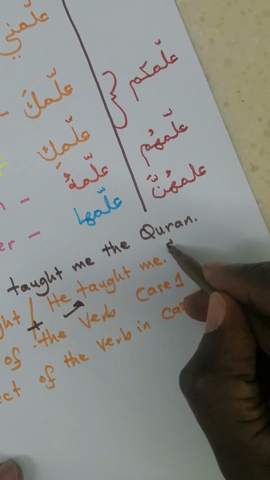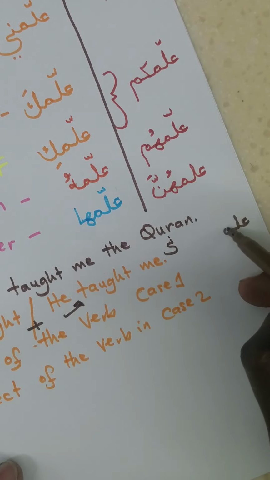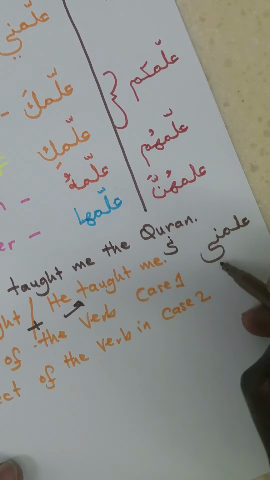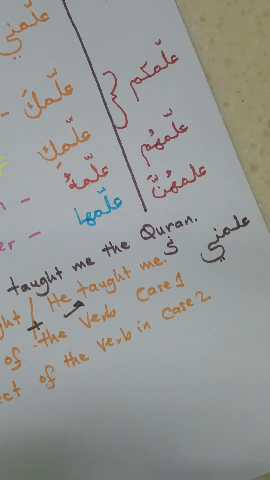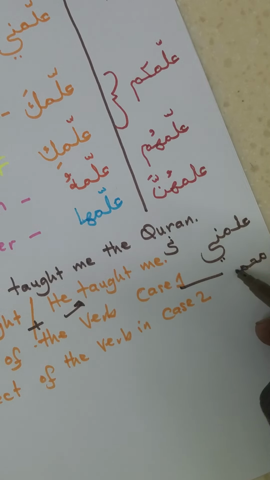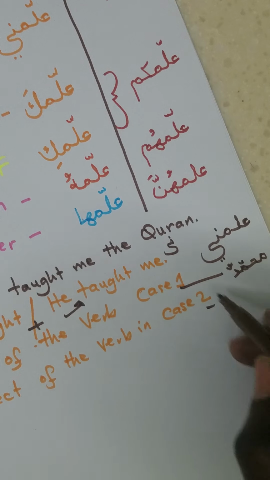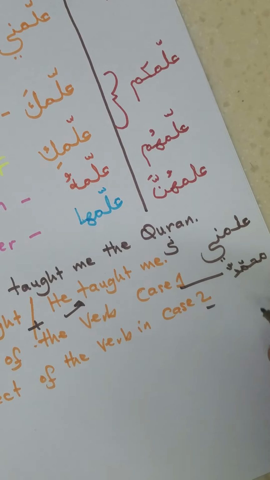We are going to add ni, so it will be allamani. Doer of the verb in case one is Muhammadun, object of the verb in case two is Al-Quran.